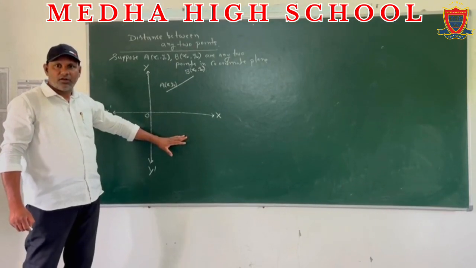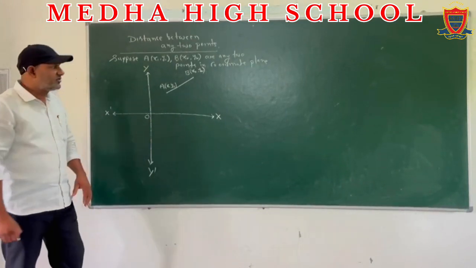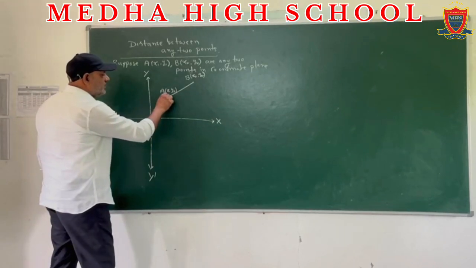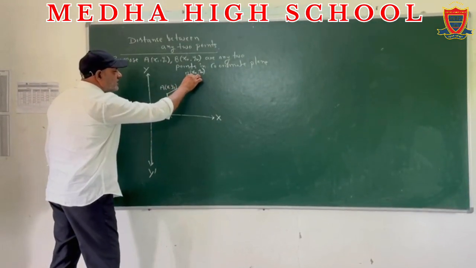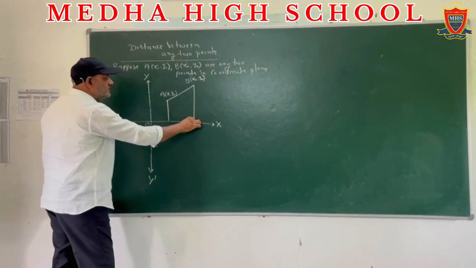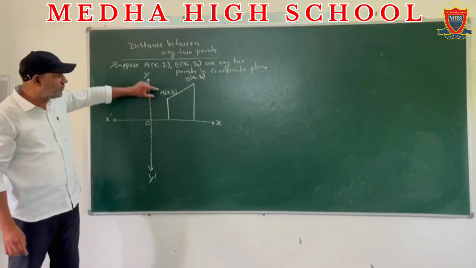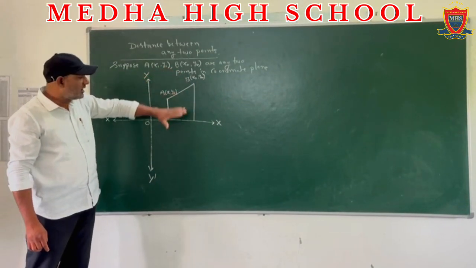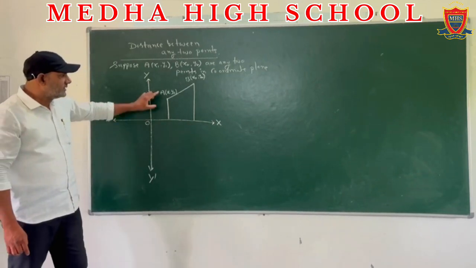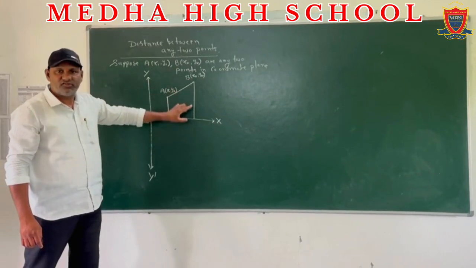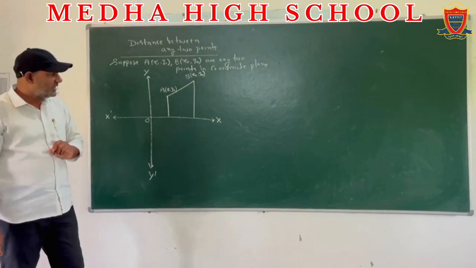This is one perpendicular line and this is another perpendicular line from point A and point B onto the x-axis.